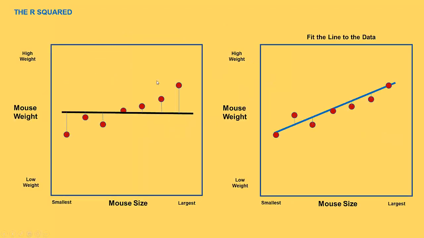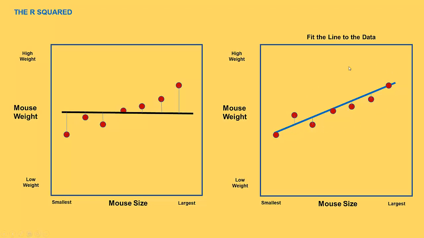Now we can compare on this slide that the variation of the mean mouse weight model is greater than this blue line. So we can say that this blue line is a line of best fit or best model.